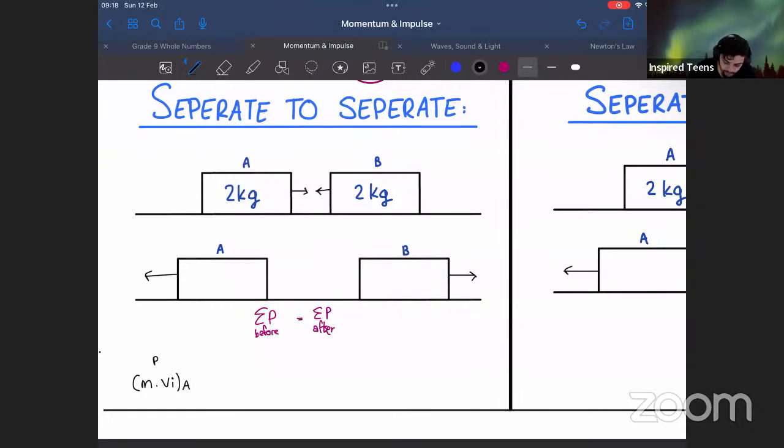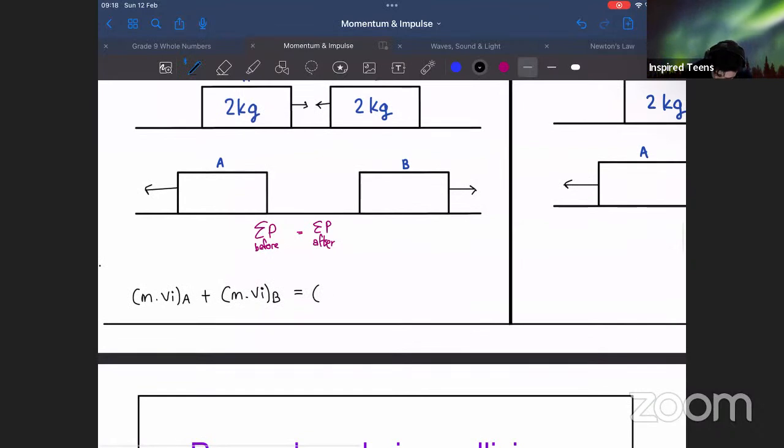This is momentum, mass times velocity, of object A, sorry, not object one, the initial momentum of object A. I'm going to add it to the initial momentum of object B, and the sum of that has to be equal to the sum of the momentum of object A after, so V final, added to the momentum of object B after as well.